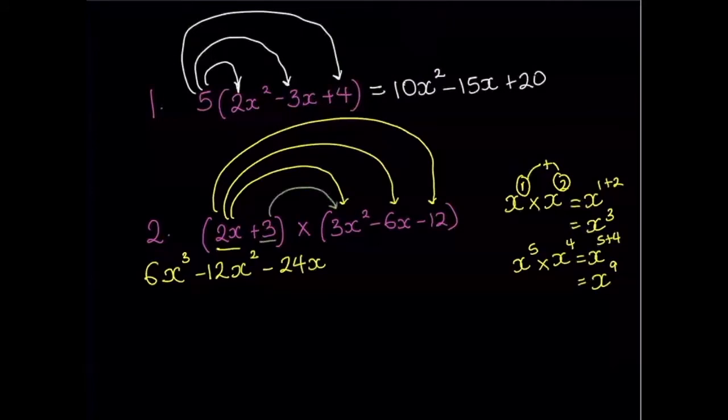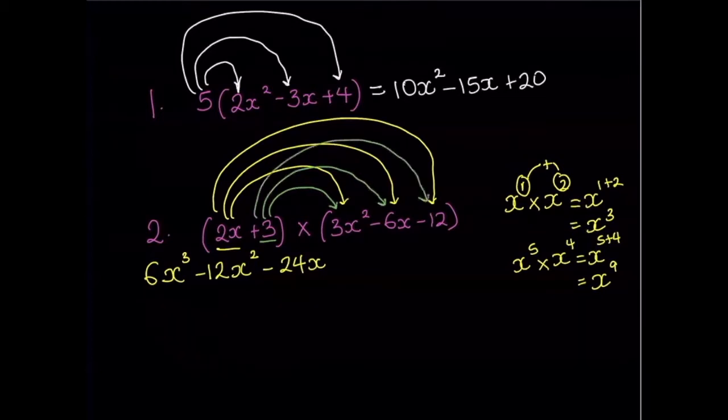And again, you're going to multiply each term by 3. Okay, so if we do that, we're going to have 3 times 3 is 9. So you have plus 9x squared. 3 times minus 6 is minus 18. So you have minus 18x. And then 3 times minus 12 is minus 36. So you have minus 36, okay?